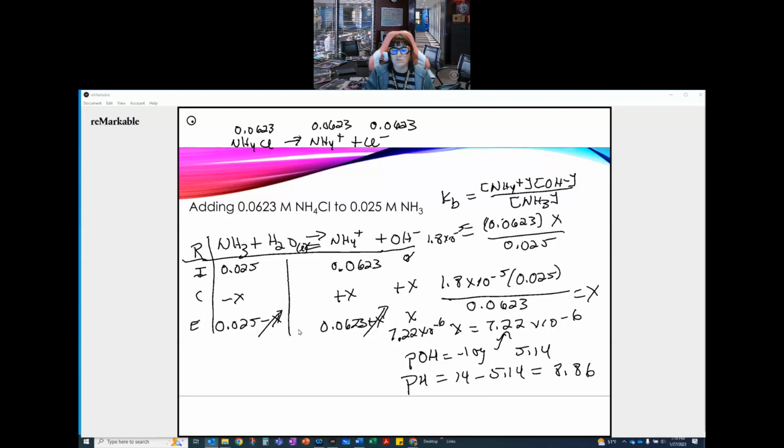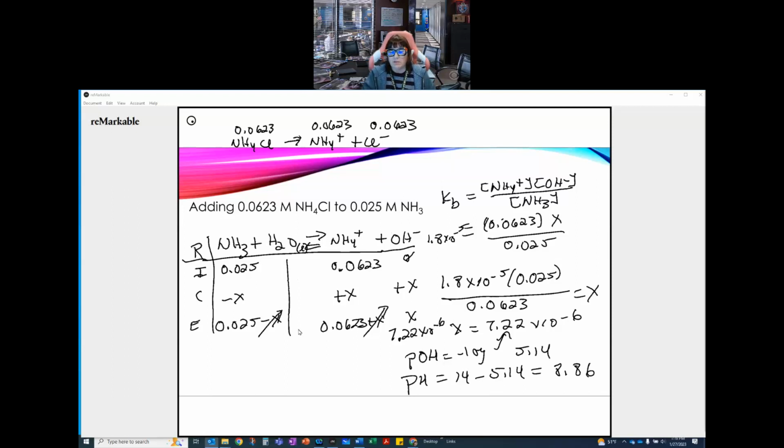There is a finite ability to do that, but it is a buffer, so we need to treat it as such. This being a weak base with its conjugate acid, the same is true here. That weak base can react with any acids that we add to it, and that NH4Cl can react with any bases that we add to this. So those are buffer situations.